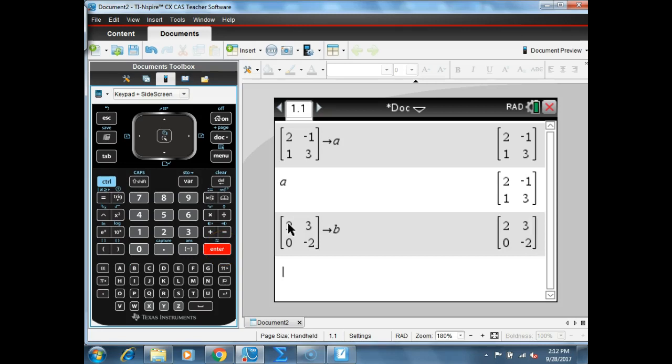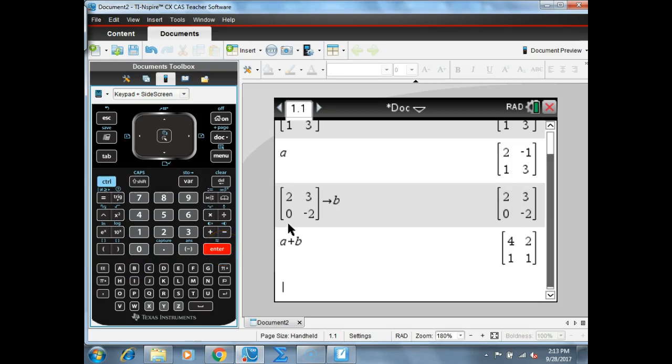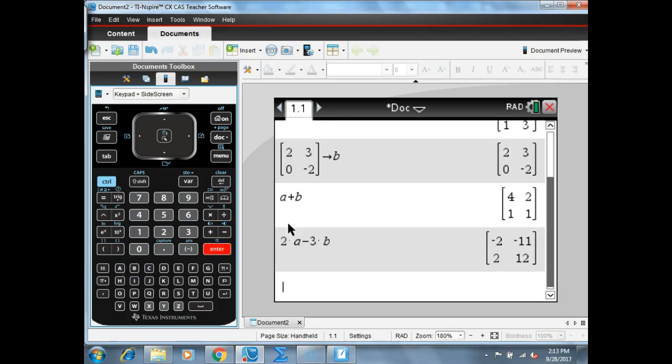So now, if I wanted to, I could simply say matrix A plus matrix B, and it gives me what matrix A plus matrix B is. Or if I wanted to go 2 times matrix A minus 3 times matrix B, it will do that for me right away too. It will automatically calculate that for me.